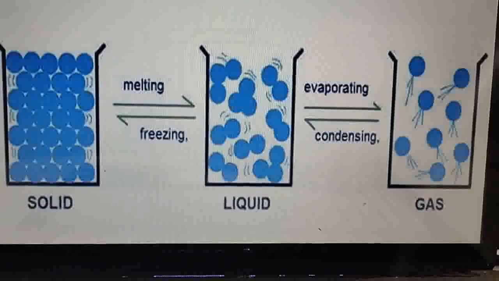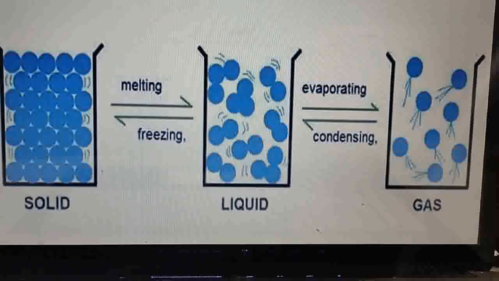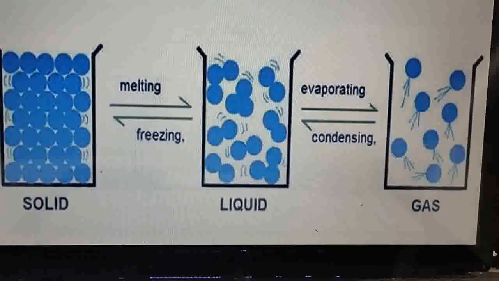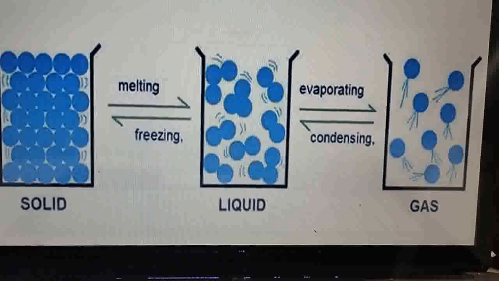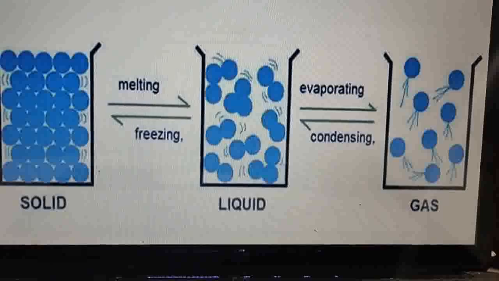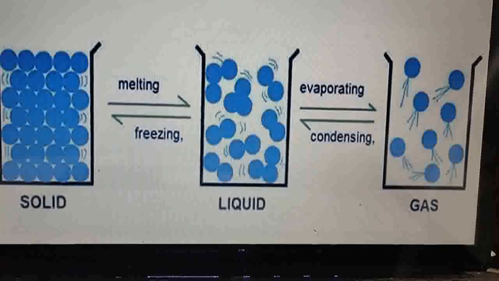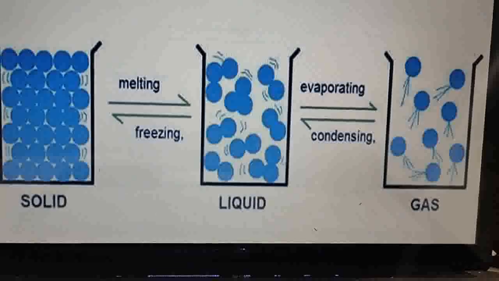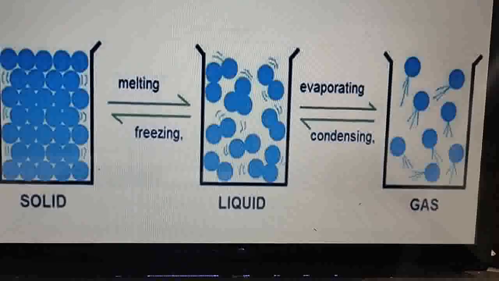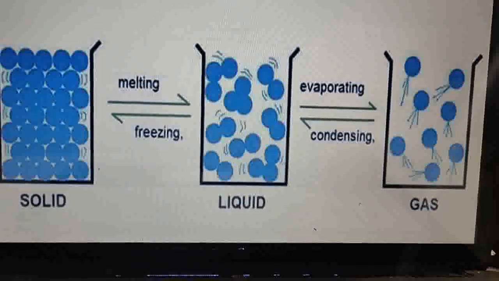Now children, there is another thing. Do you think any substance in solid form, for example naphthalene balls, these balls your mom keeps in woolen clothes when she packs the clothes after winters? These naphthalene balls are in solid form, but next year when you pick them out, the naphthalene balls disappear.